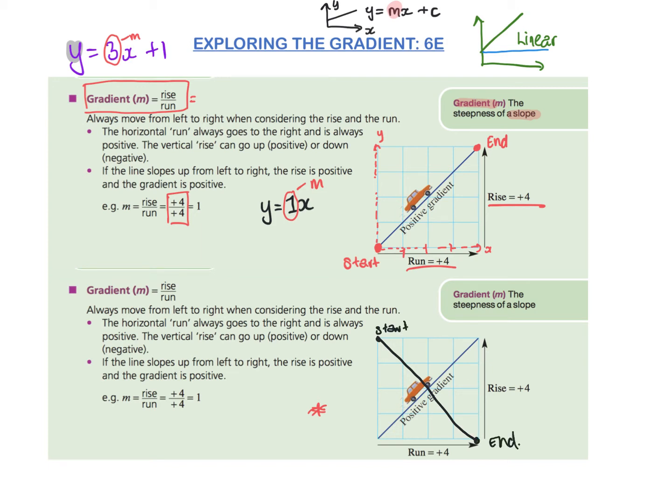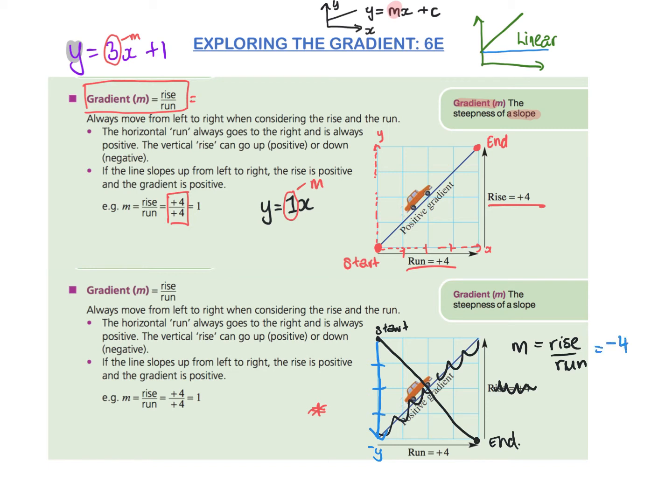I'm going to pretend it's downwards. We know that the gradient is rise over run. If we go from our start point, because we go downwards, towards negative y, we say it's a rise of -4 because we've gone down.